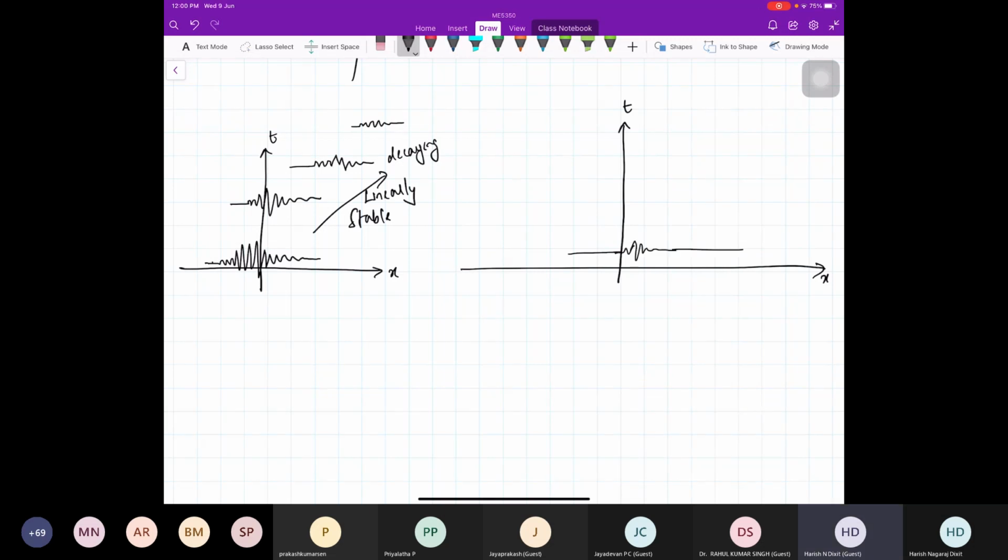After some time, the disturbance is just growing like this. So for this system, I can make an envelope like this. The system is unstable.